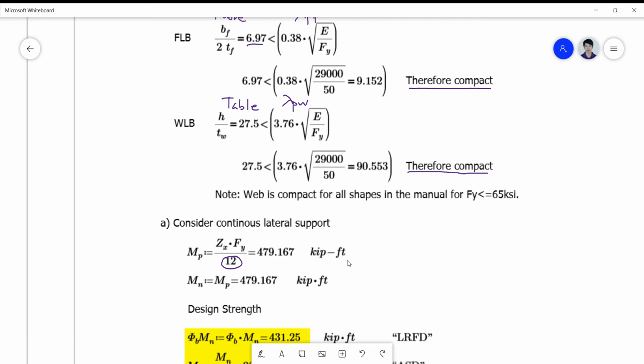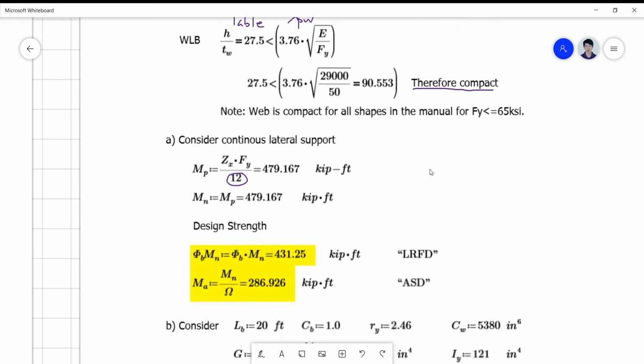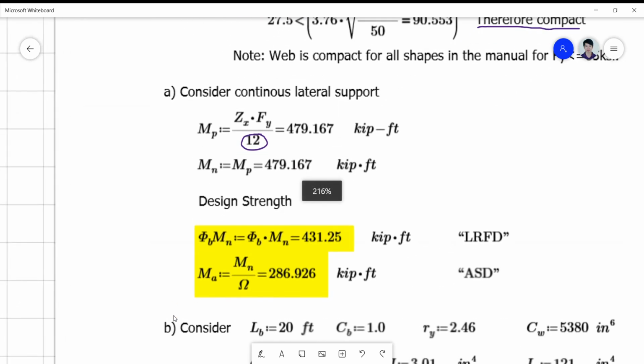And since your section is compact, your nominal moment will be equivalent to your plastic moment, which is 479.167. So applying the design strength criteria for LRFD and ASD, we know that the strength is simply equal to phi b Mn.